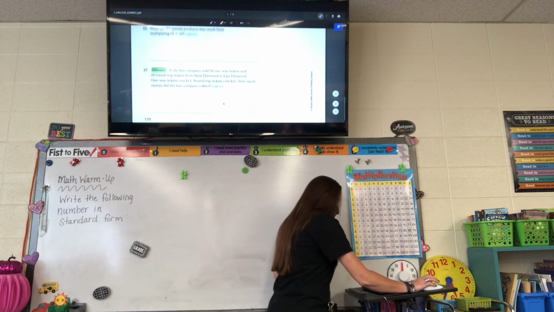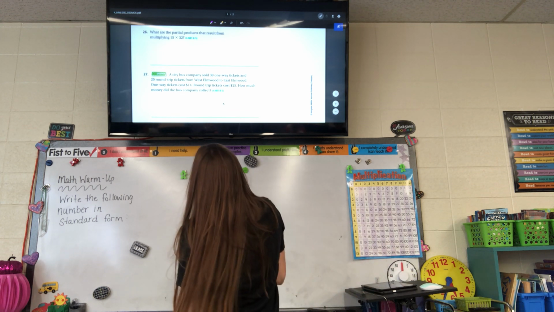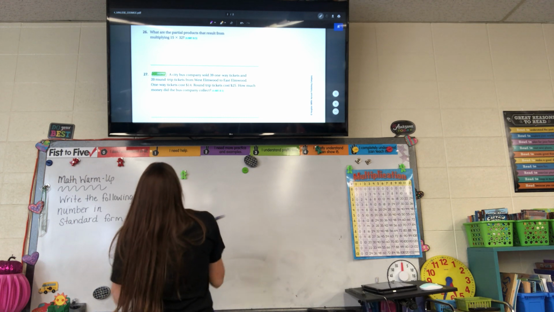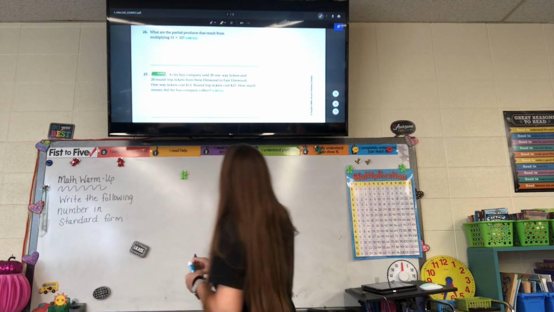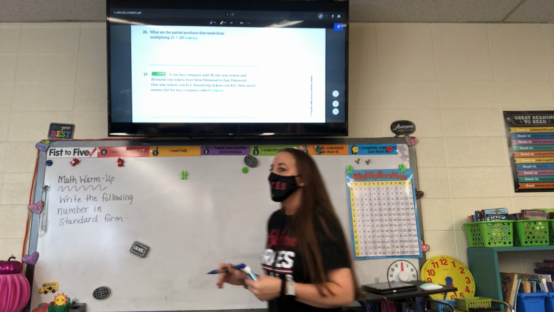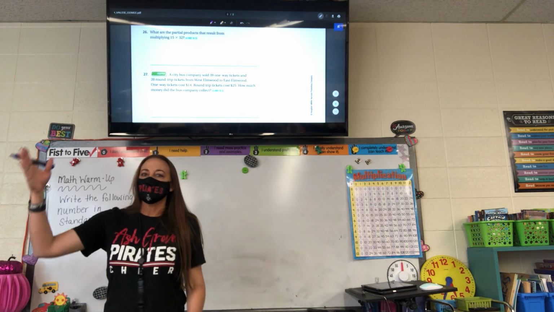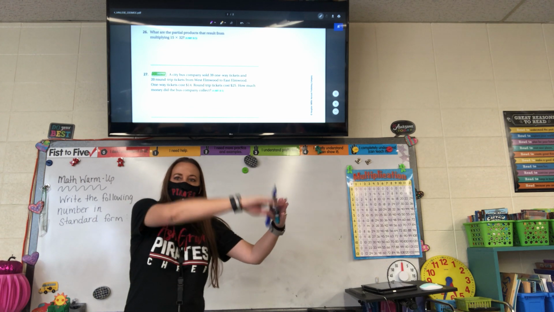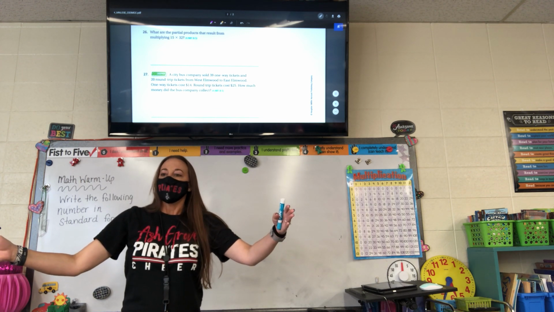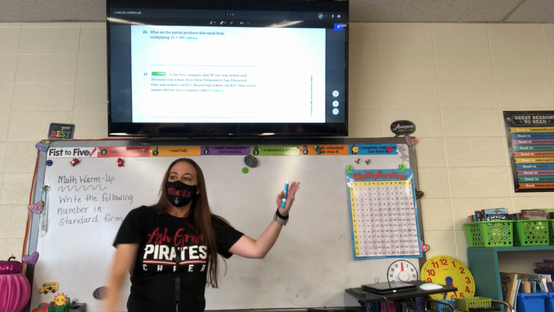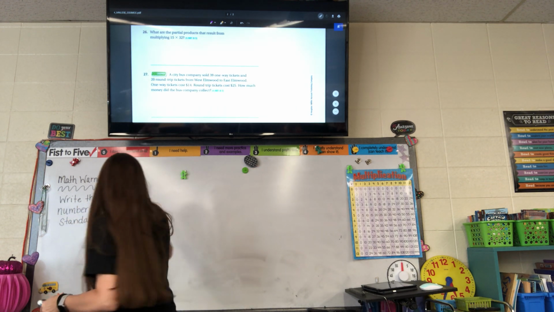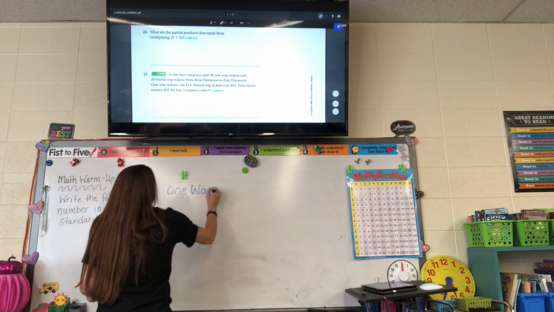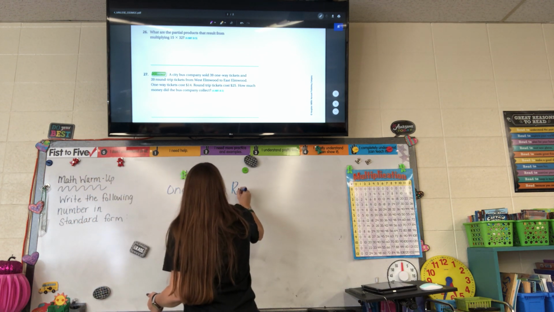All right, the last one is a city bus company sold 39 one-way tickets and 20 round-trip tickets from West Elmwood to East Elmwood. One-way tickets means you just go from one place to another, right? One way. Round-trip means you go back again, okay? So they sold one-way tickets, and then they sold round-trip tickets.